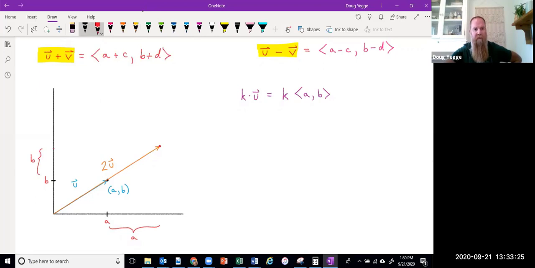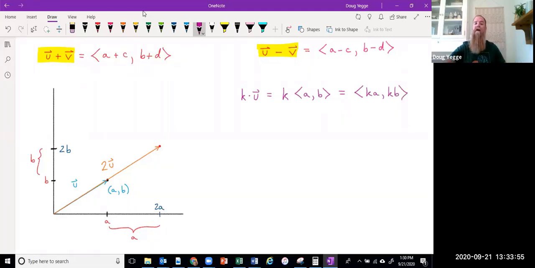So in other words, the x and y coordinates would be 2a and 2b. So it looks like when I multiplied the vector by 2, all that happened is that I multiplied each component by 2, and therefore a scalar multiple of a vector is nothing more than just a scalar multiple of each component.